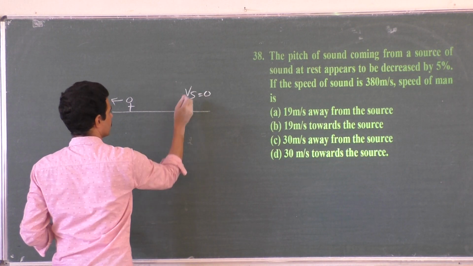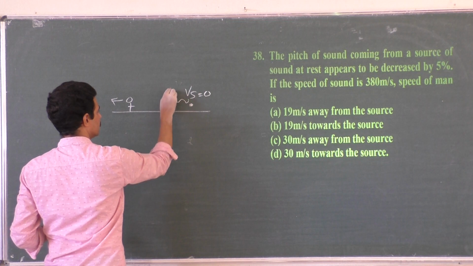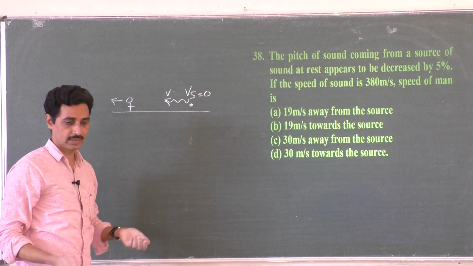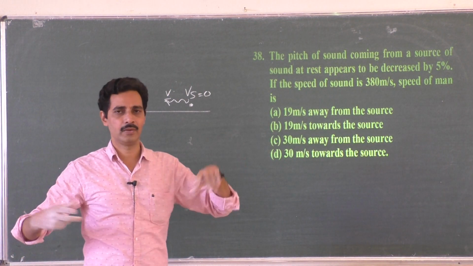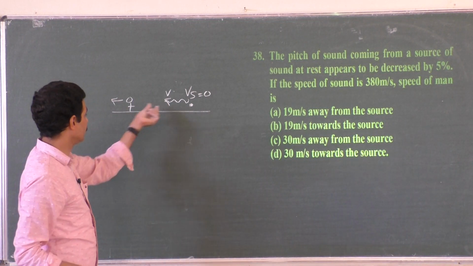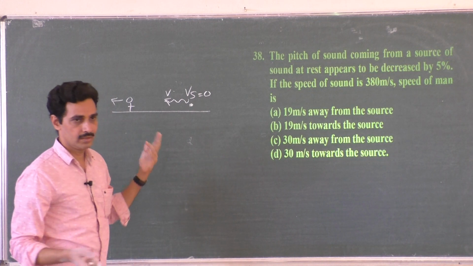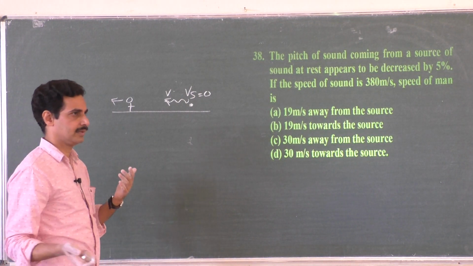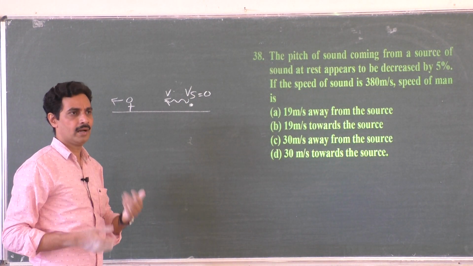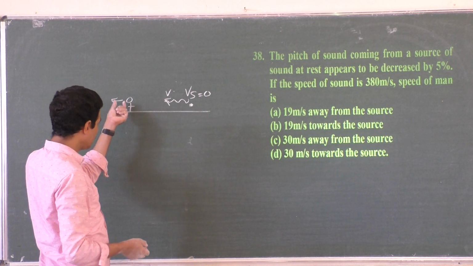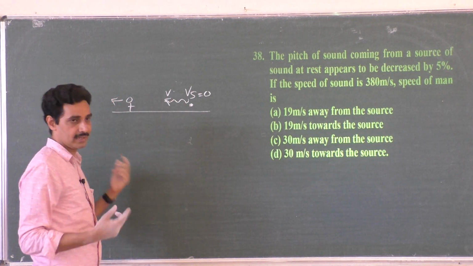Source, of course, is not moving, but sound from the source should move. Even if the source is at rest, sound will travel in all directions. This is the sound which is heard by the listener. We are not worried about the other sounds, because they are not heard by the listener. So we are interested only in that sound which is heard by the listener.